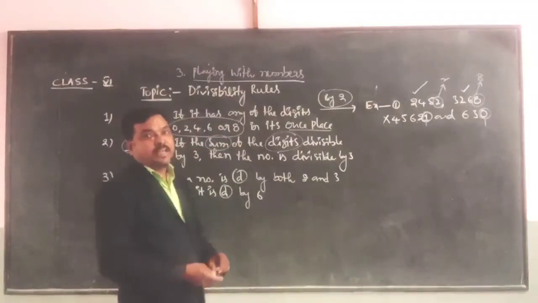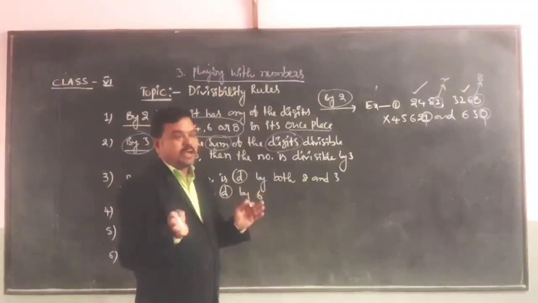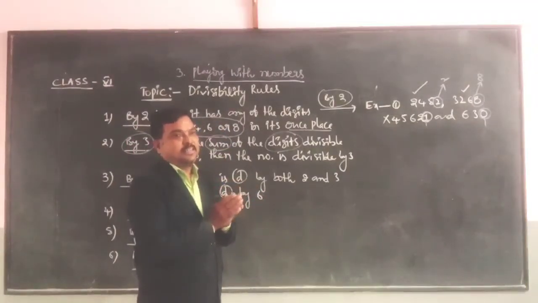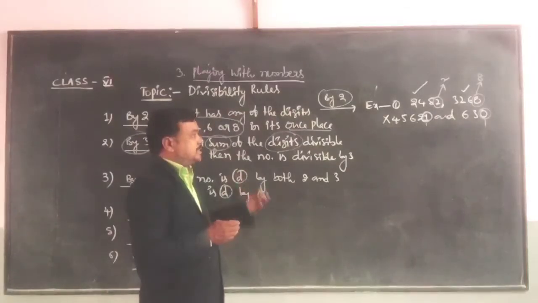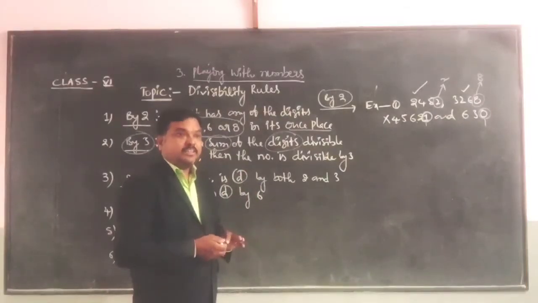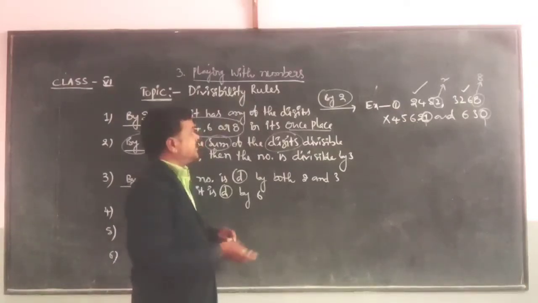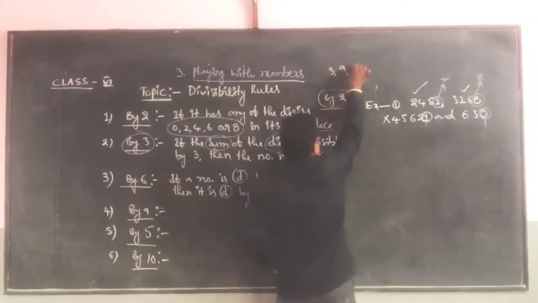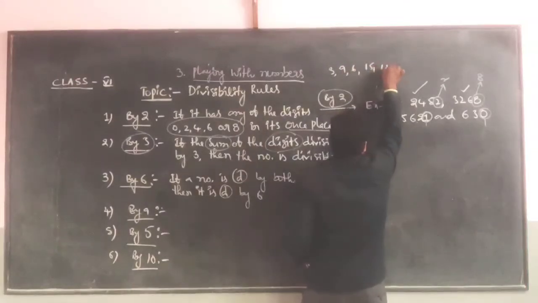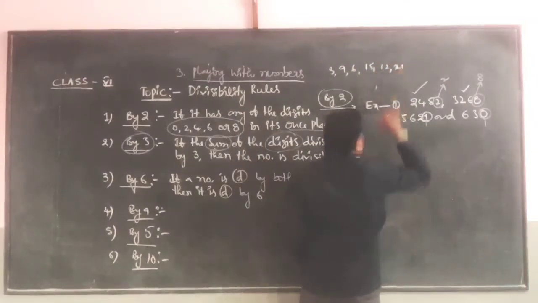It means in a given number we have to add up all the digits. Sum means we have to add up all the digits. The sum is divisible by 3, or the sum is equal to a multiple of 3. Multiples of 3 means 3, 6, 9, 12, 15 and 21.